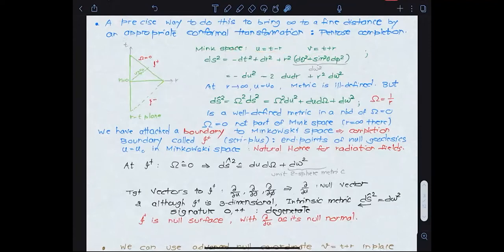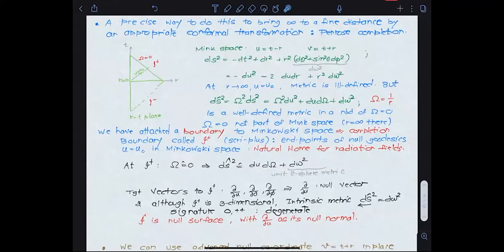Then I can write down the Minkowski metric, which is minus dt squared plus dr squared plus r squared times the two-sphere volume element, which I call d omega squared from now onwards. Now what I do is substitute t equal to u plus r and plug it in here, and I get this metric to be minus du squared minus 2 du dr, since dt squared has a minus dr squared, and then this dr squared cancels, and I get plus r squared d omega squared.